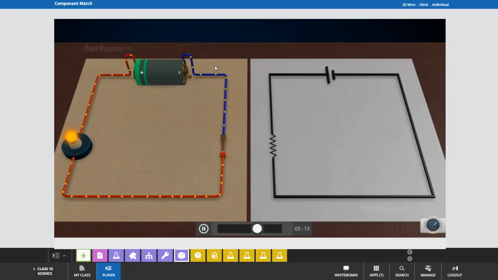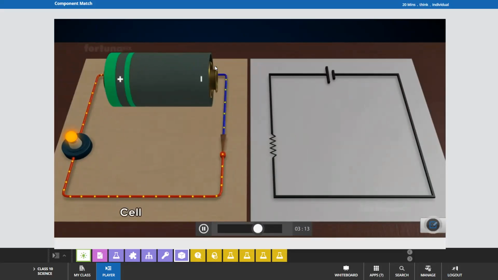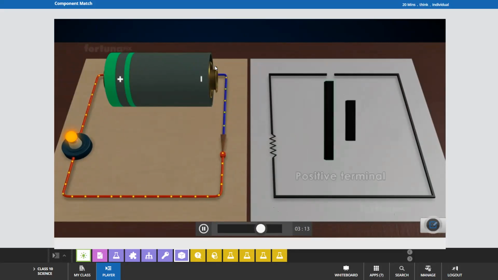The voltage source, in this case a cell, will be represented by alternating long and short parallel lines. The longer line indicates the positive terminal and the shorter the negative. A single cell will be represented by one long and one short line.